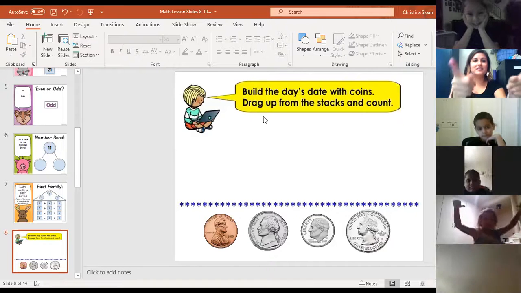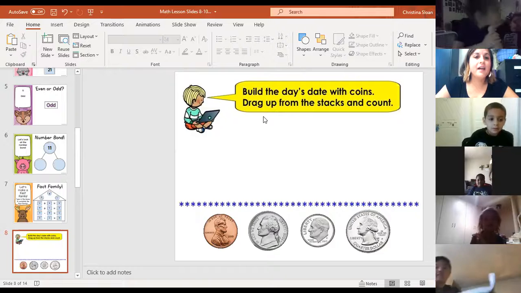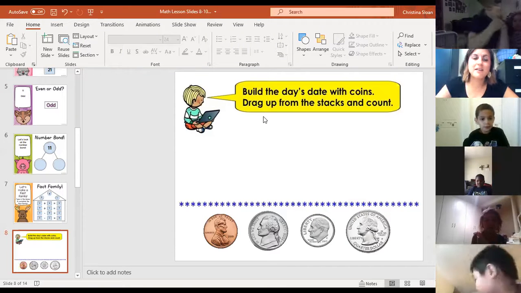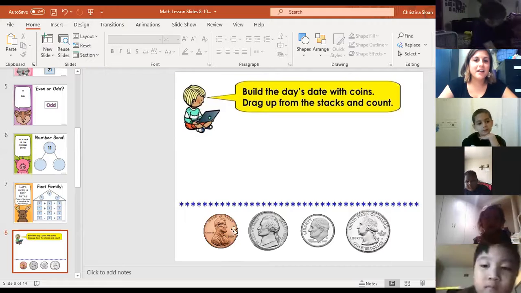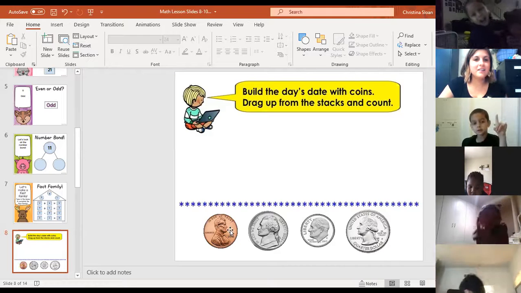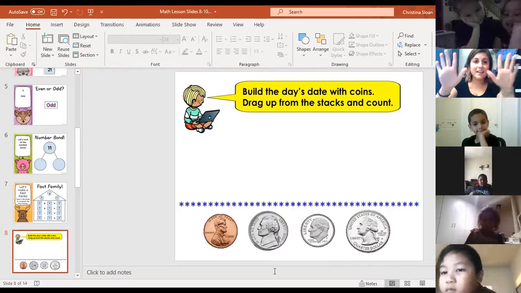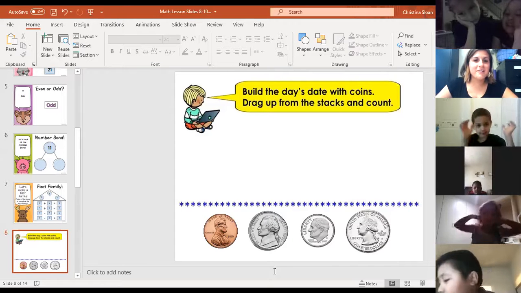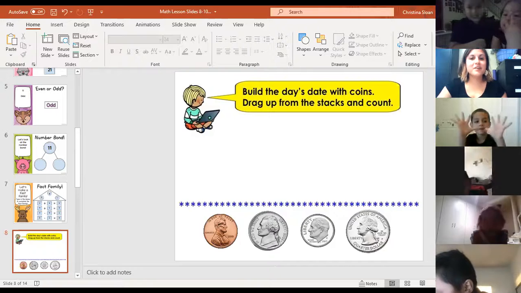Pennies, nickels, dimes, and quarters. Then it goes like this. Well, a penny is 1 and a nickel is 5. Your turn. A dime is worth 10 and a quarter's 25. Your turn.